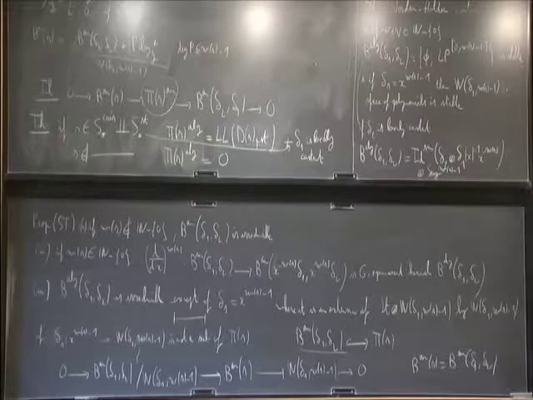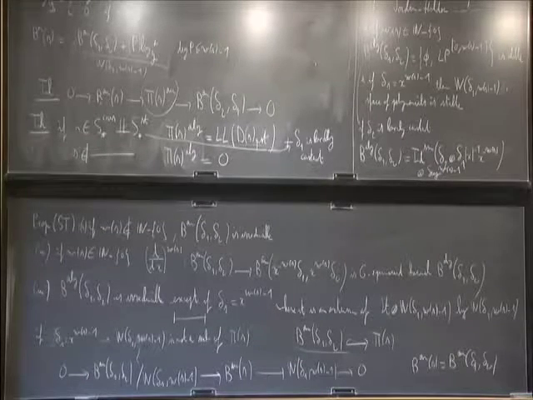So maybe I write it. So yeah, I define here a local Langlands correspondence, but you extend it to a local Langlands with Weil-Deligne representation plus a filtration in the following way.